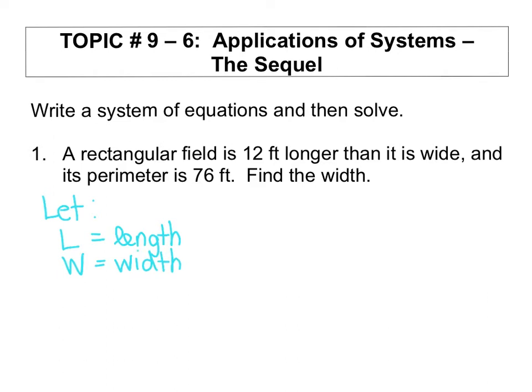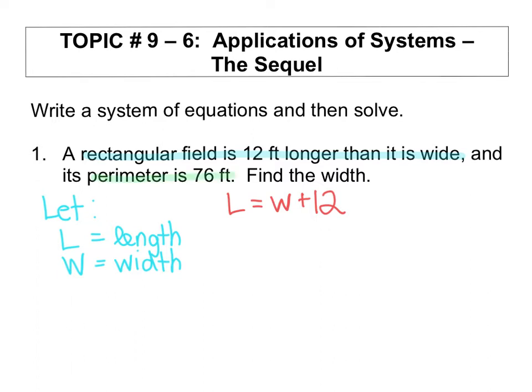So let's read the first sentence. A rectangular field is 12 feet longer than it is wide. So if I was looking at the length, it is 12 feet longer than the width, so I would have the width plus 12. It also tells us in the problem, it has a perimeter of 76 feet.